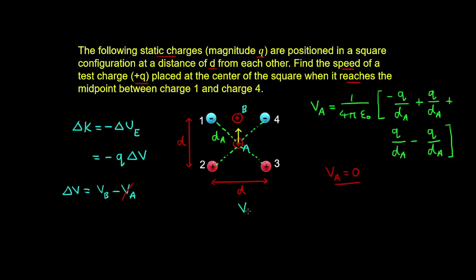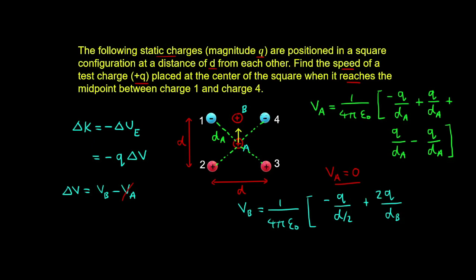Now the electric potential at B is 1 over 4 pi times the permittivity of free space. And then due to charge 1, we have minus Q over D on 2. And the electric potential due to charge 2 is going to be plus Q over the distance from this charge to point B. And similarly, charge 3 is going to give the same result.